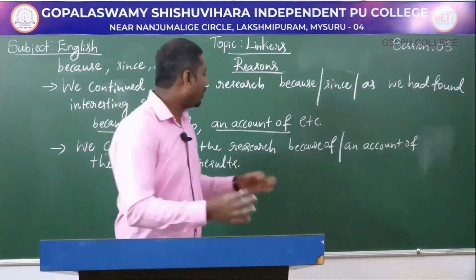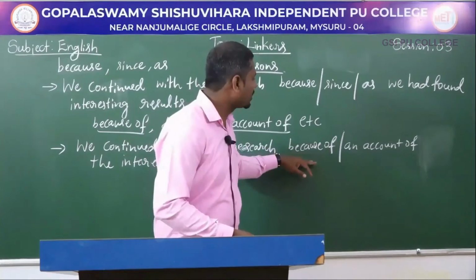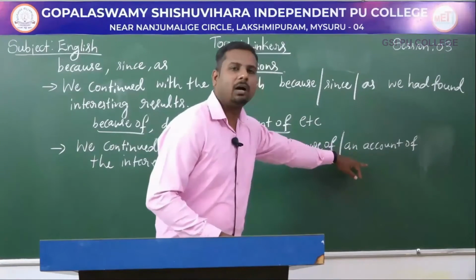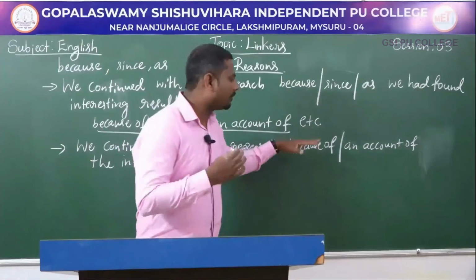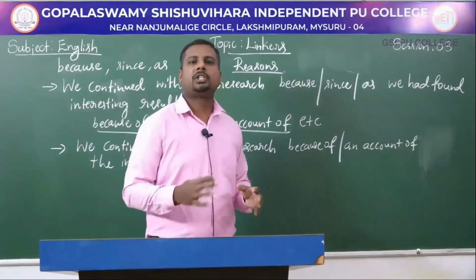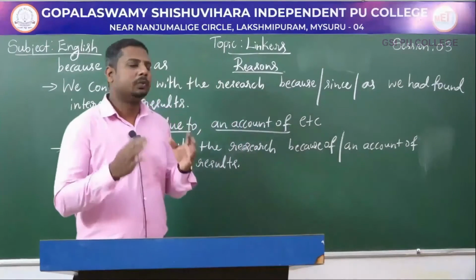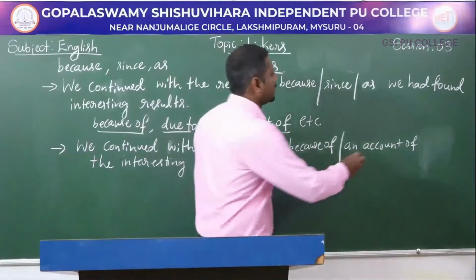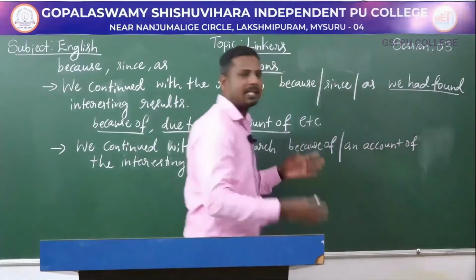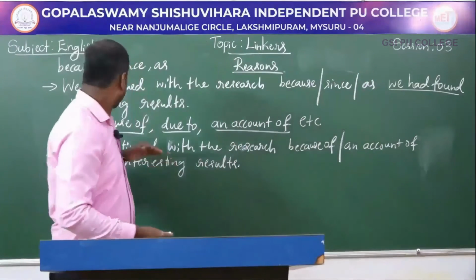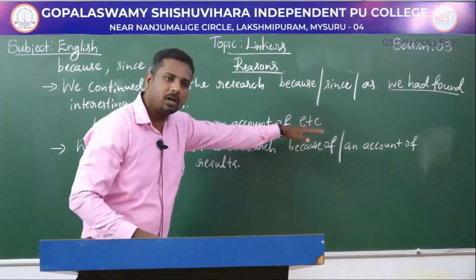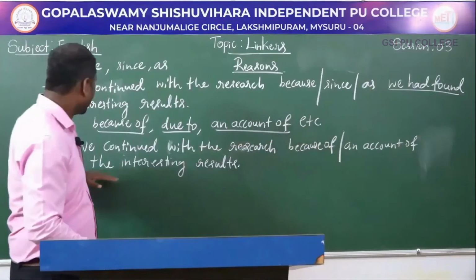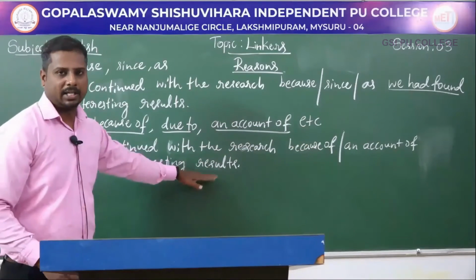So here both these phrases, because of or on account of, show the reason. Now if you want to use any one of these phrases to show the reason, you have to skip the phrase we had found. So instead, we say: we continued with the research because of or on account of the interesting results.